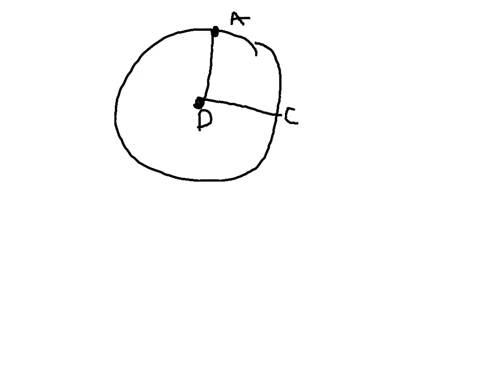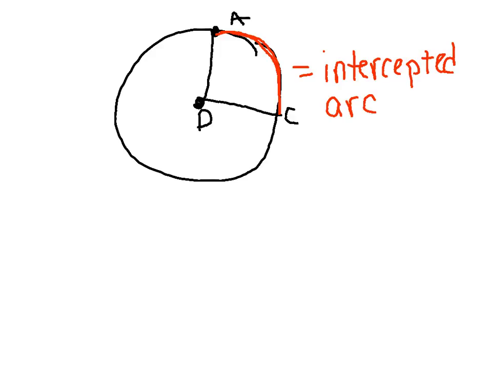This part right here that I'm going to be outlining in red is called the intercepted arc. And the endpoints of the arc are on each side of the central angle.